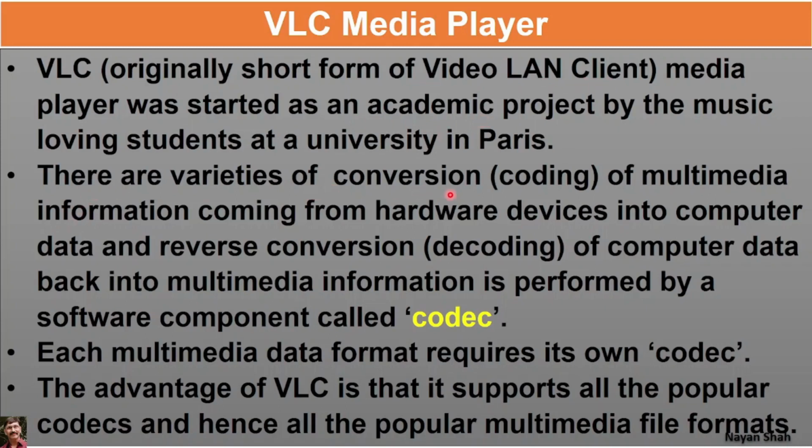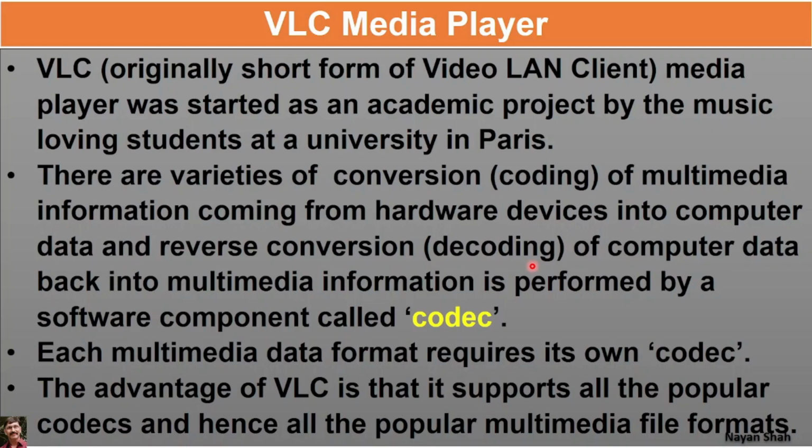There are varieties of conversion of multimedia information coming from hardware devices into computer data, and then computer data being converted into hardware output. That is called coding and decoding. For example, I am recording this lecture, so my analog voice is being converted into digital form, that is called coding.